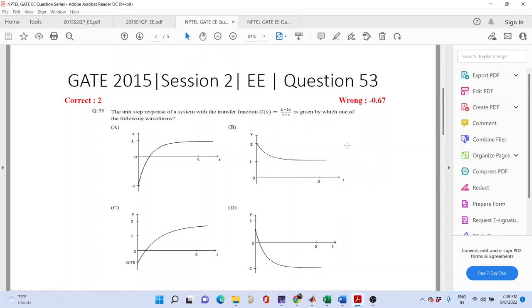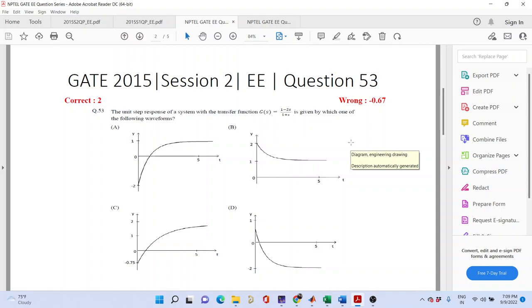So actually, generally when we apply the initial value theorem, one thing you should keep in mind is the transfer function has to be strictly proper. This is a proper function, but it is not strictly proper. It's better to first break it into partial fractions. In this case you are getting the right answer, but if I had given something else, you would have got erroneous results if you directly apply the initial value theorem.